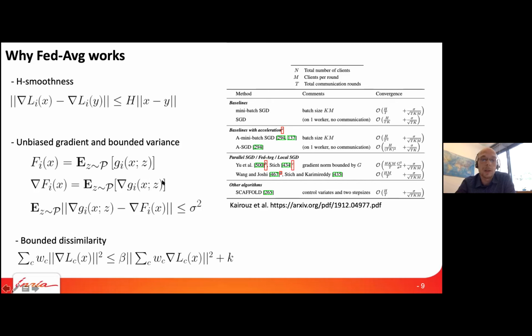It means that if we take batches and compute the expectation over the batches of the local gradient, we get an estimate of the gradient of the client.